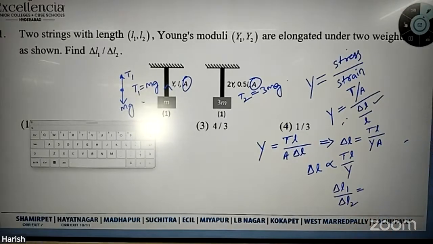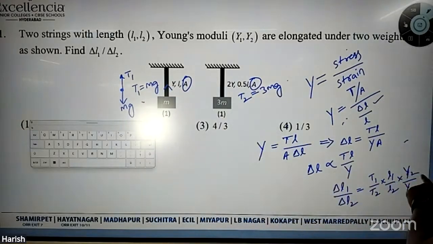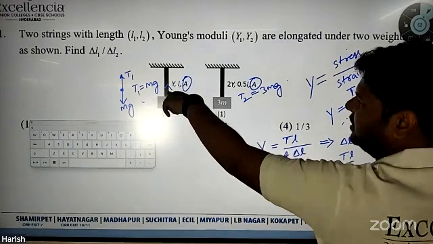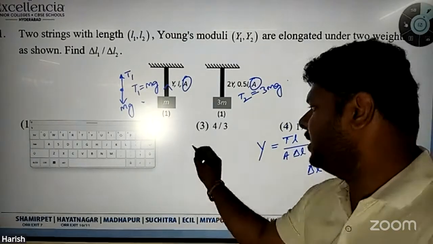By using proportional relations, delta L1 by delta L2 will be T1 by T2 into L1 by L2 into Y2 by Y1. Already we know the values of T1, T2, L1, L2, everything is given there. L1 is L and L2 is 0.5 L, Young's modulus of the first one is given as Y, and Young's modulus of the second one is given as 2Y. Just plug in all the values.